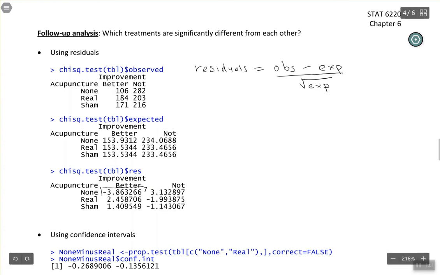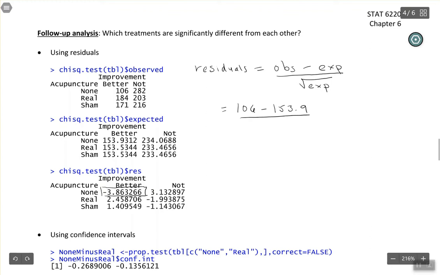So let's calculate it for the first cell, just so we can see where this number comes from. This is the one for non-acupuncture treatment where the patient did improve. By the way, I just noticed that this says none. This doesn't mean that the patient wasn't getting any treatment, just that they weren't getting acupuncture. For that cell, we look at the observed count, which was 106, minus the expected count, which was 153.9.